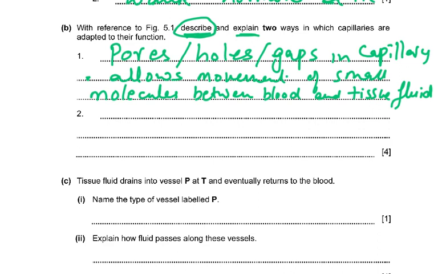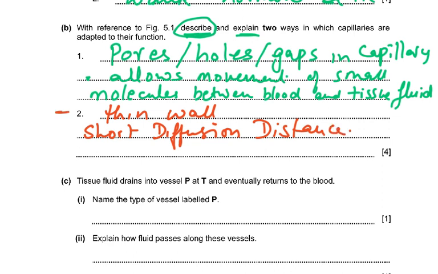So the pores is the describe, and their function is allows the movement of small molecules between the blood and the tissue fluid. Then another describe is thin wall. And what is that going to help in? Short diffusion distance. So it doesn't have to cross a whole lot of distance, so it is a short diffusion distance.